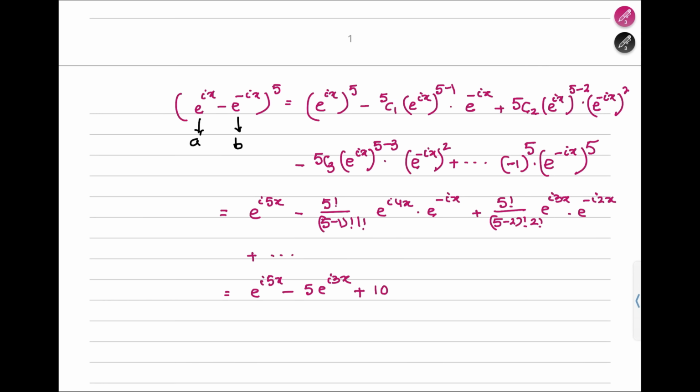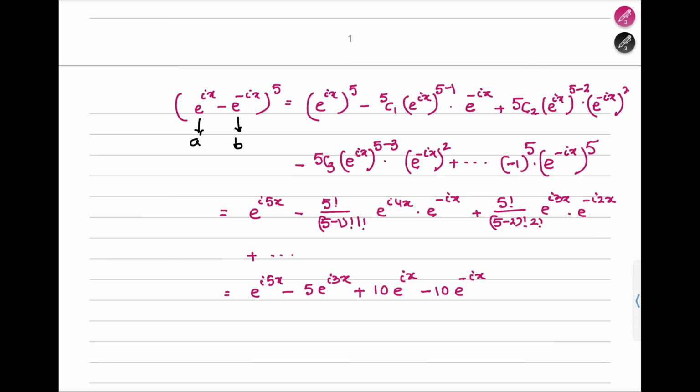And e to the power of i 3x minus e to the power of i 2x will be e to the power of ix minus 10 into e to the power of minus ix.